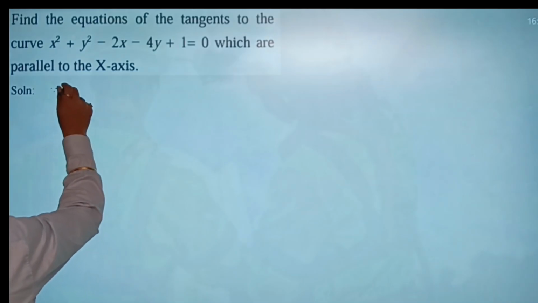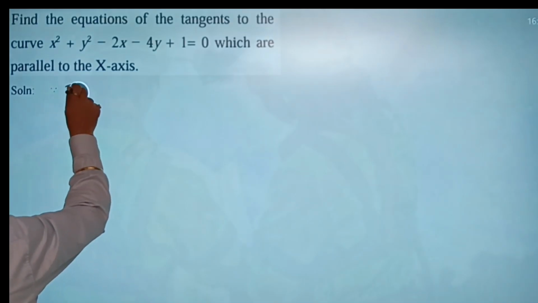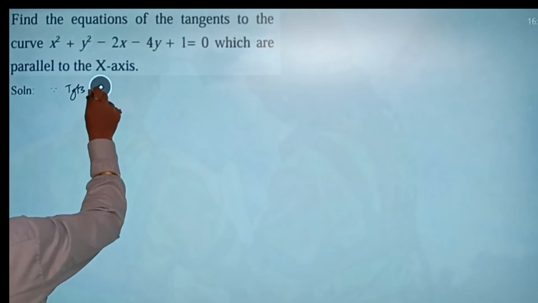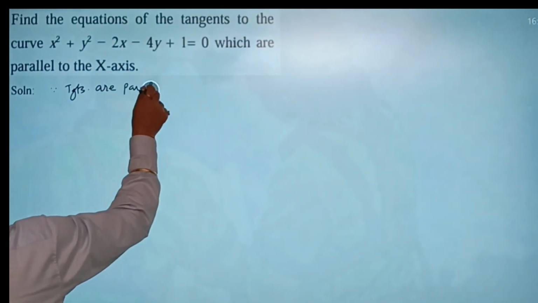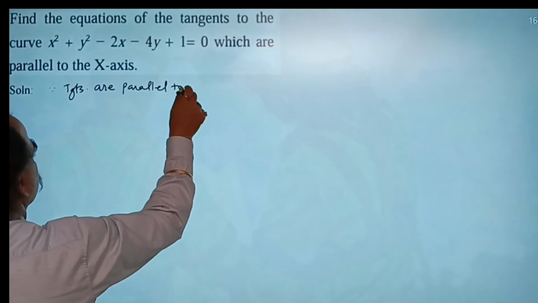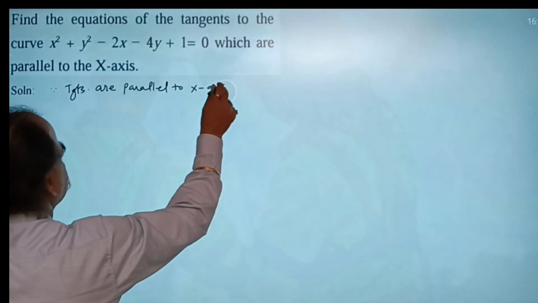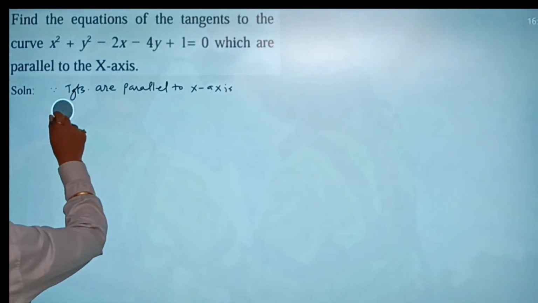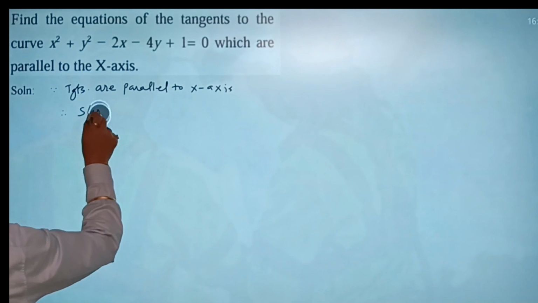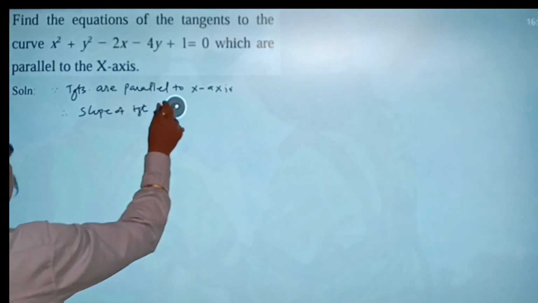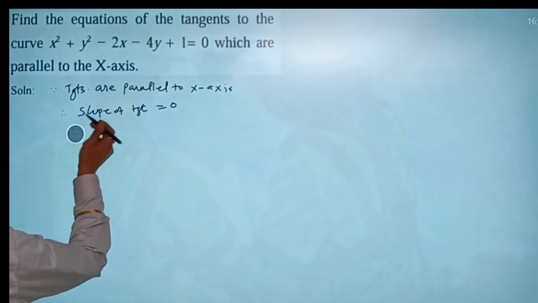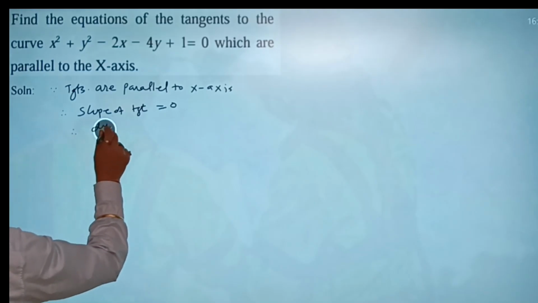Since tangents are parallel to x-axis, therefore slope of tangent is equal to 0. But slope of tangent is what? dy by dx.